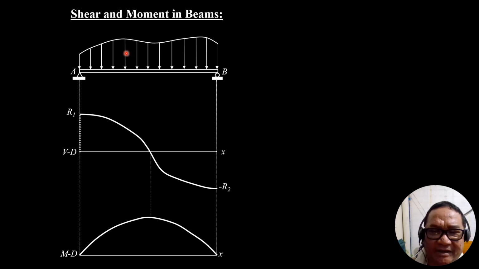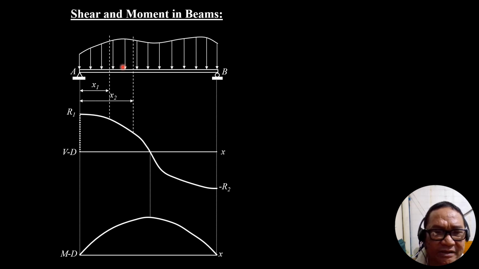So we have here a section loading X1 from the left portion of the beam. This support here may be treated as the origin, so the leftmost point is the origin. That distance is X1, and we have another section X2.